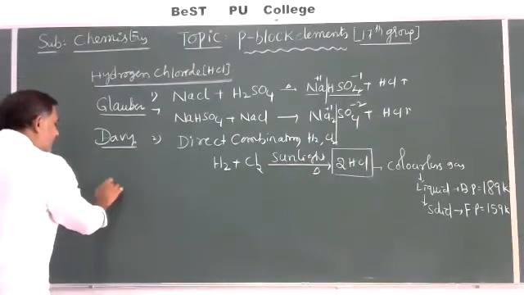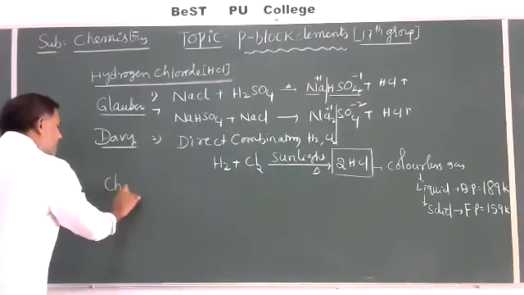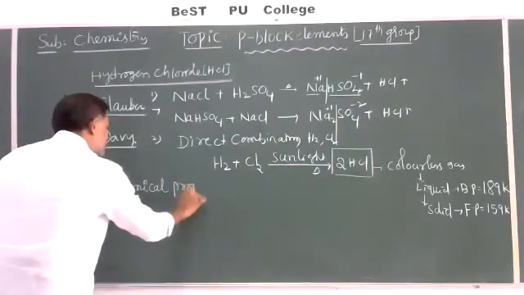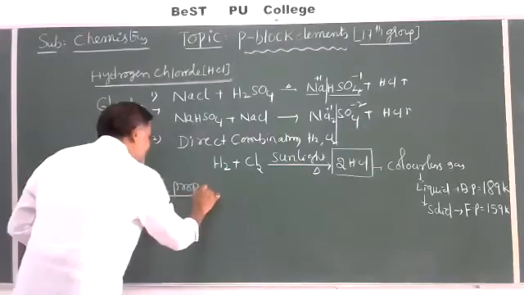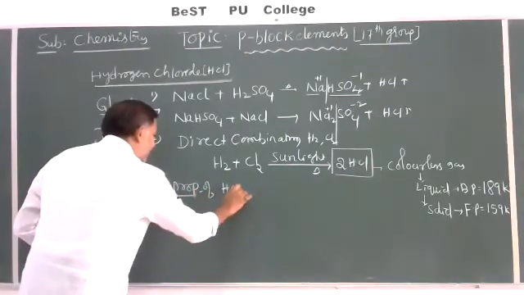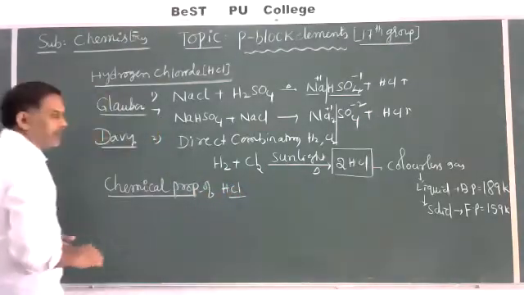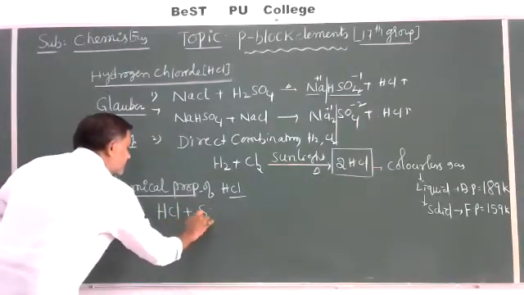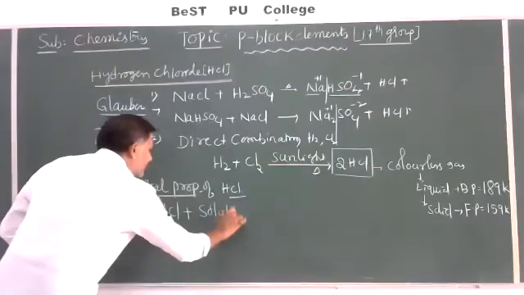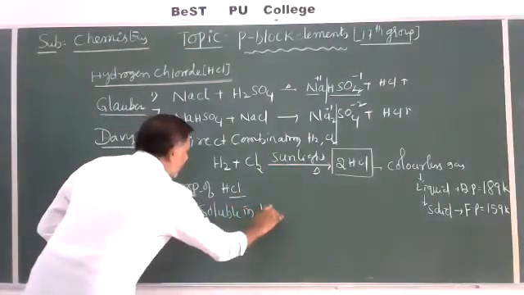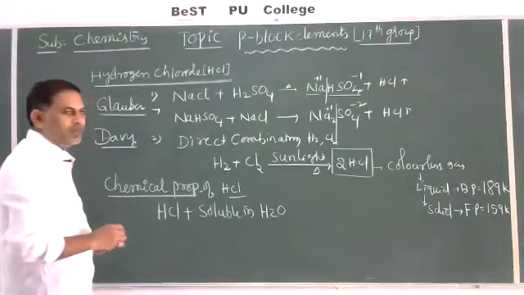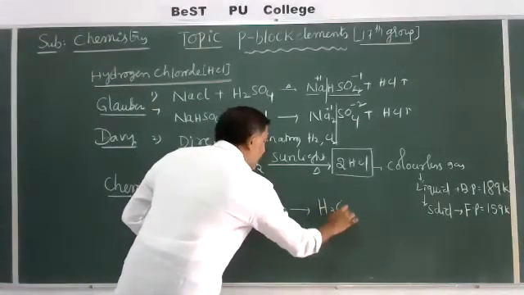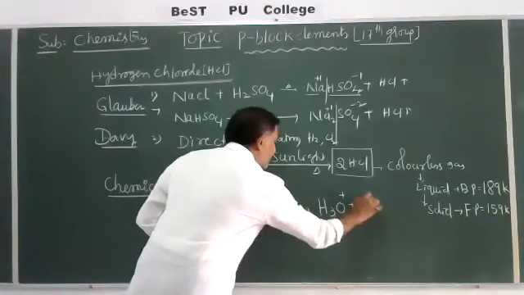Now, chemical properties of hydrogen chloride. HCl is readily soluble in water, and it gives H3O plus and Cl minus.